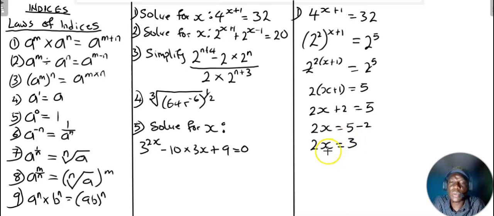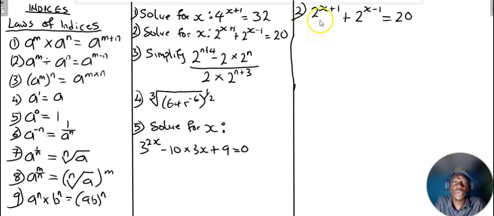Now you have to divide both sides by the coefficient of x, which is 2, so that x will stand alone. 2 will cancel 2, so your x is equal to 3 over 2. And this is your final answer.